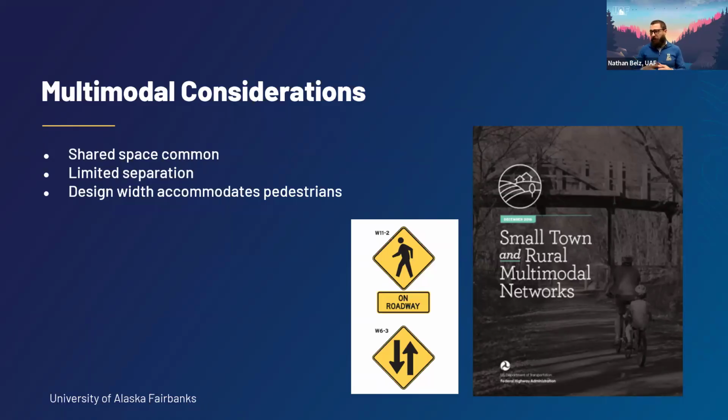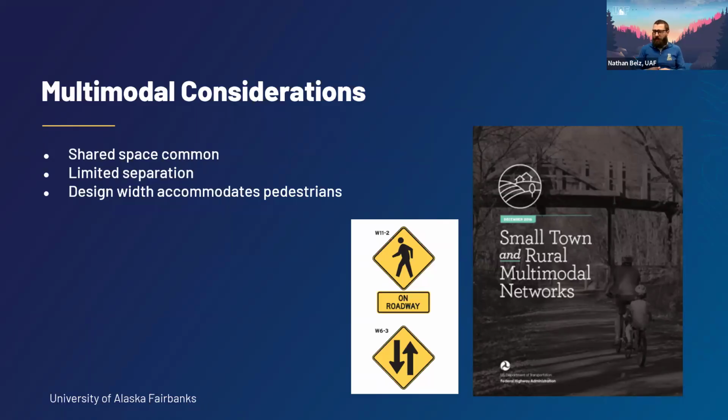I mentioned the Federal Highway Small Town and Rural Multimodal Networks guide before. But if we have paths that are intersecting roadways, we need to make sure that those also have sufficient sight distance, that we are in some way creating a refuge area for pedestrians to wait to cross a roadway, and making those crossings so that a pedestrian can do it at about 90 degrees to minimize the crossing width.